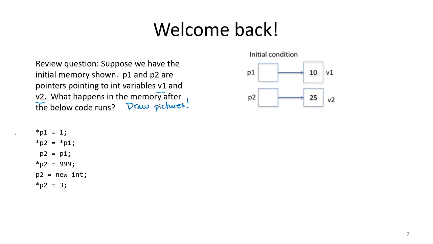So in our first line, we have asterisk P1 equals 1. See if you can remember what these lines of code do.